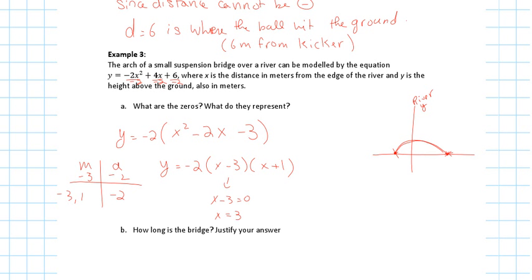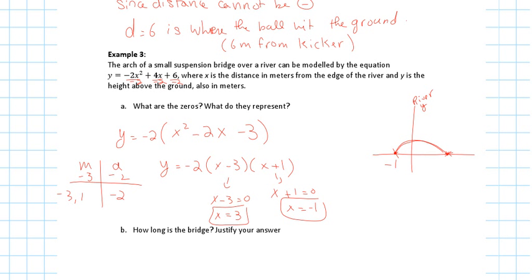Okay, guys, 3 and -1. What does that mean in this case? It's going to begin at -1, so 1 meter to the left of the river, and 3 meters to the right of the river.